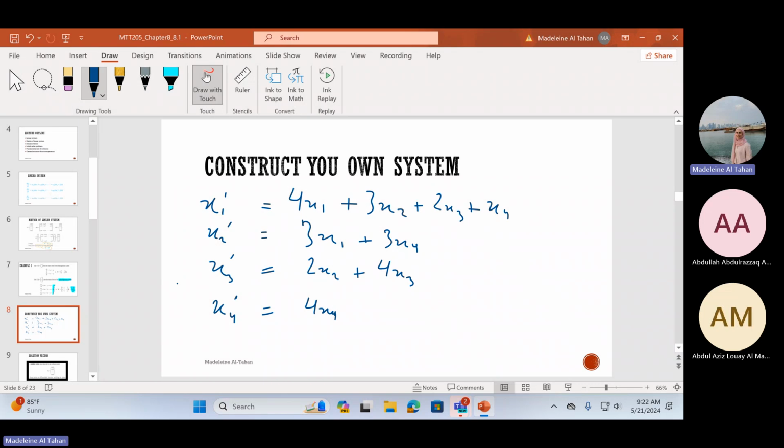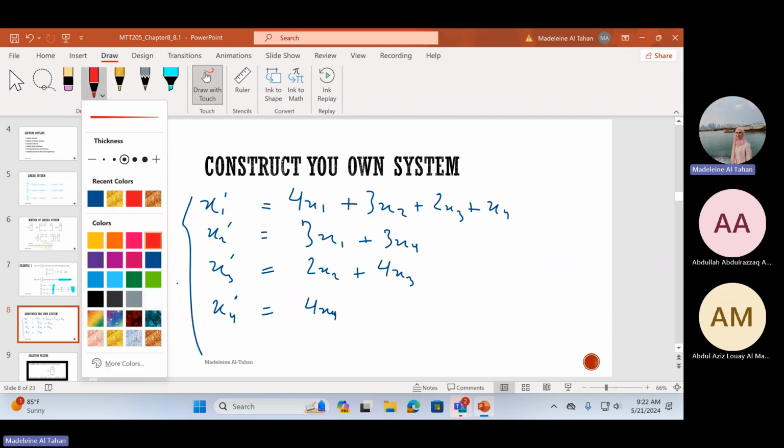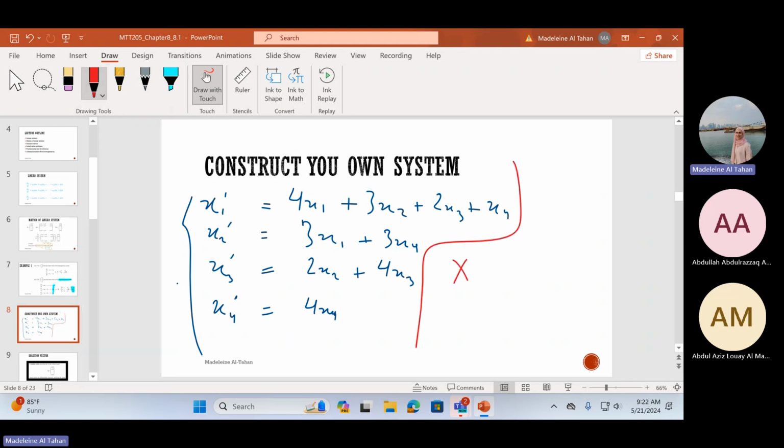So this system that Johnny wrote on the board is linear and homogeneous. What's the matrix of that? So we write x prime equal AX, right? Can you continue writing A on the board?